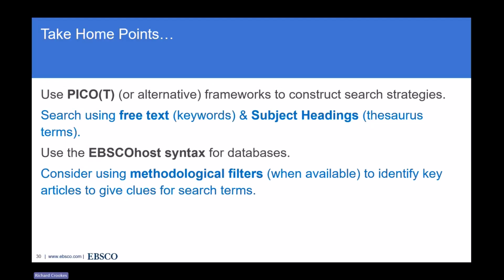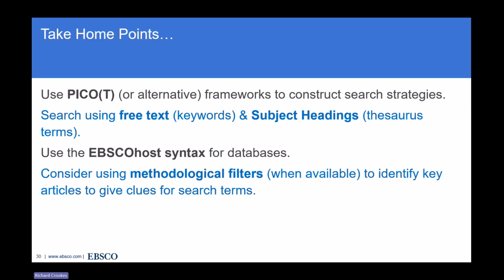So just some take-home points. Use PICO or PICOT or other frameworks to construct the search strategy. Search using free text keywords and subject headings. Whether it's free text, where you're searching within the title or abstract, or an unqualified search, combine that with the appropriate thesaurus terms, so it's MeSH, MEDLINE, or CINAHL headings. Always use the EBSCO syntax for EBSCO databases.